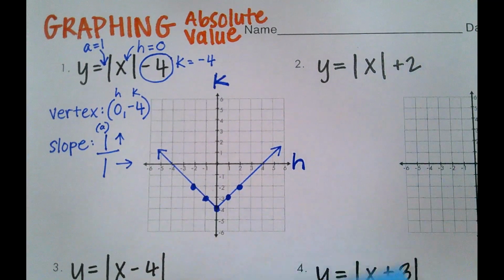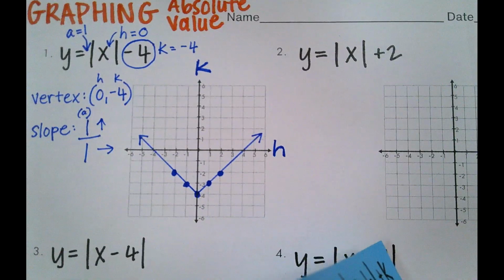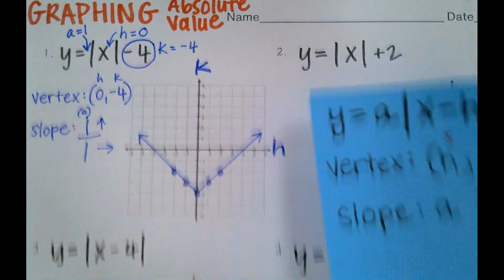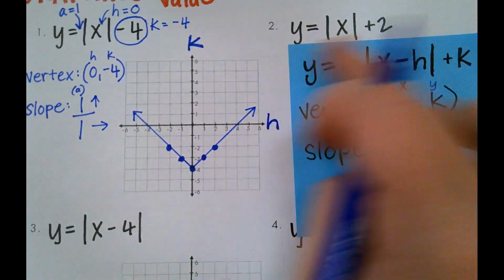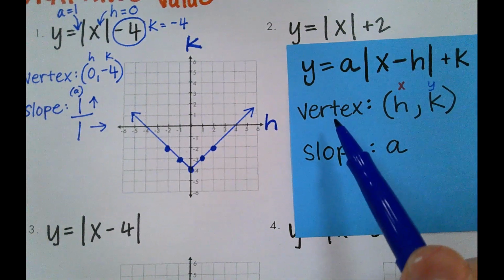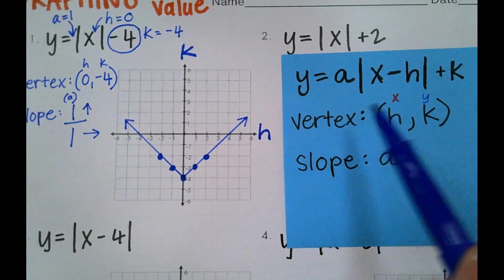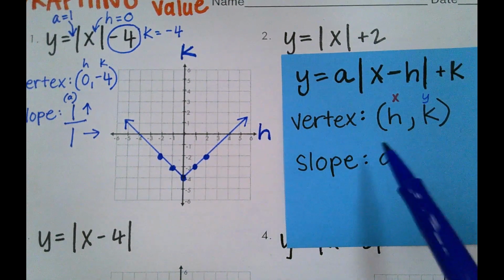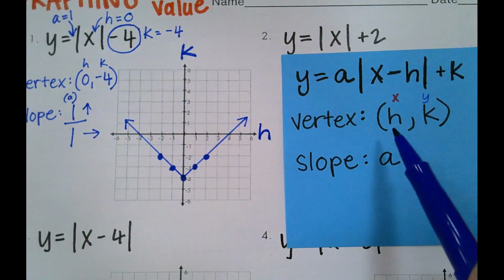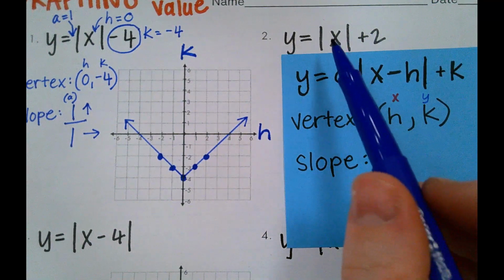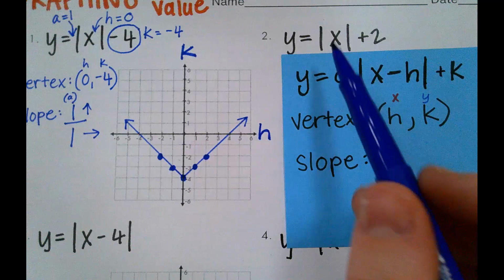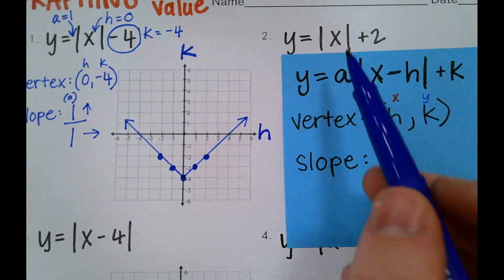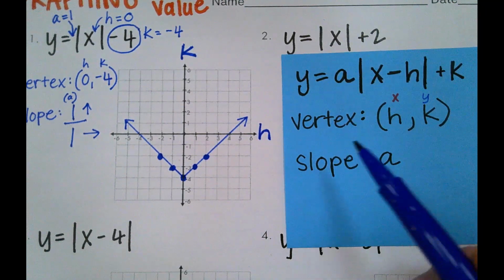Let's look at number 2. Let's find our vertex first. So first I'm going to look for an H. H is the number that we find inside the absolute value. Do I have a number for H here?